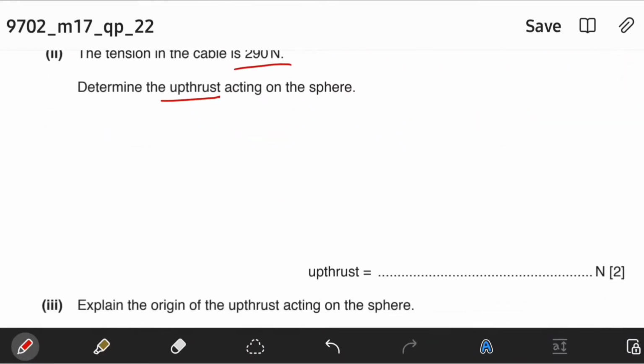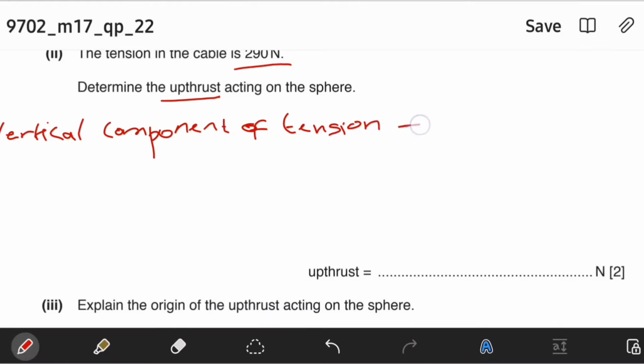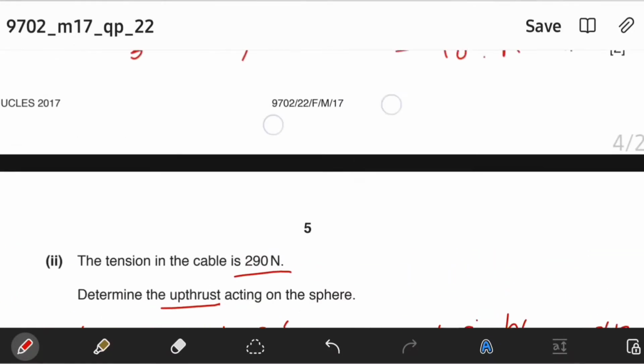The tension is not the one the cable is showing. The tension is vertical component of tension plus weight would give us the upthrust, right? So let us find out the vertical component of tension.